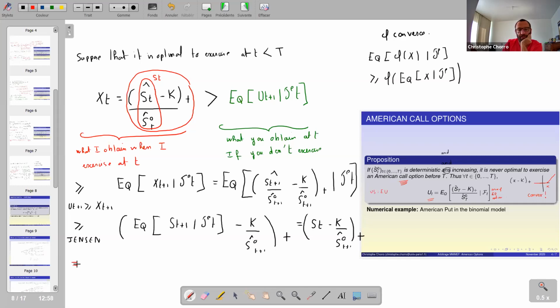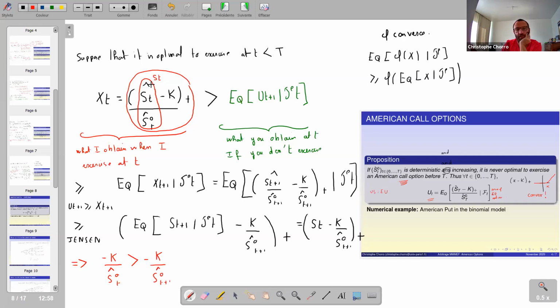It implies that I have S t minus K over S0 t here, and here I have S t minus K over S0 t, and so minus K over S0 t is strictly greater than minus K over S0 t plus 1.